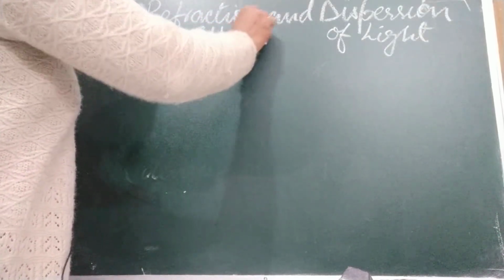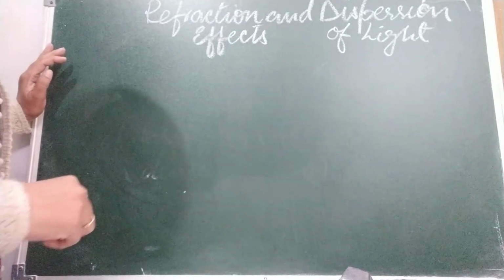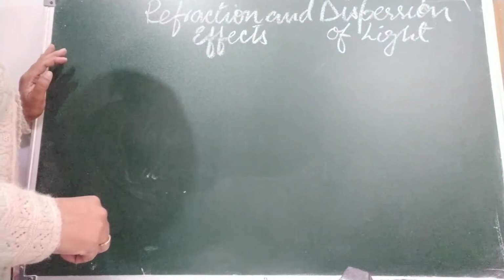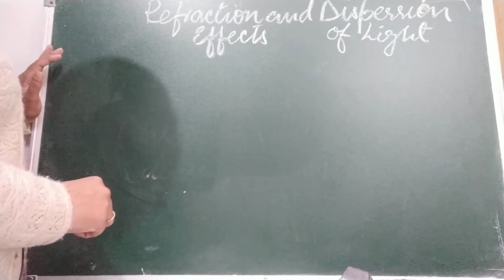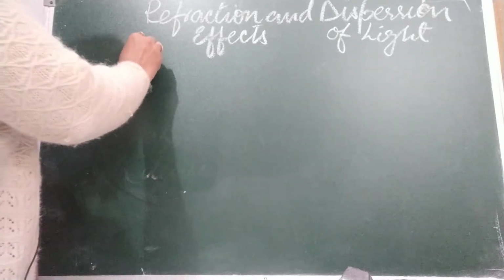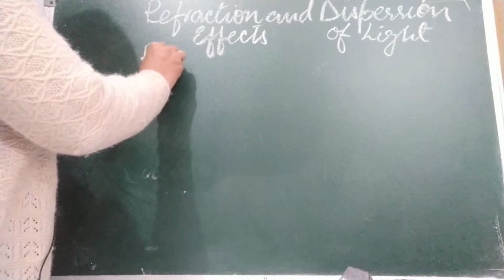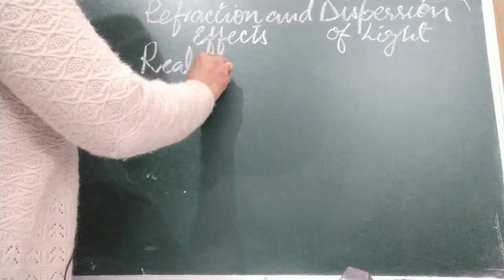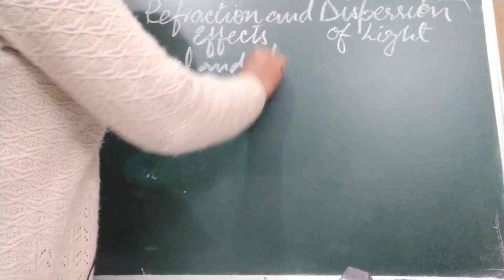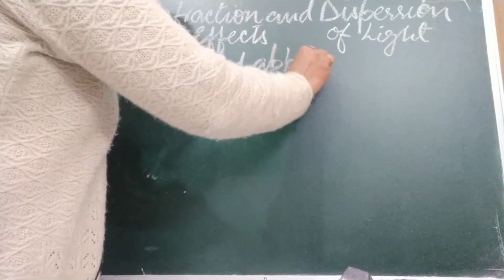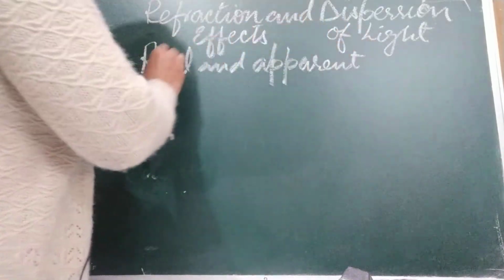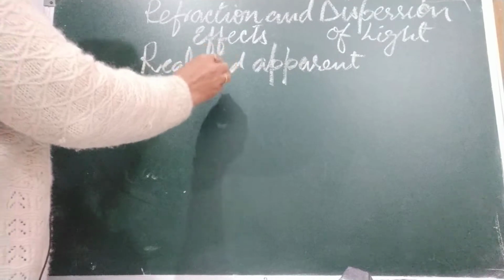Now what are the effects of this refraction? Children, we are going to discuss this. First effect is what? Real and apparent depth. First, what is real? What is the real depth?